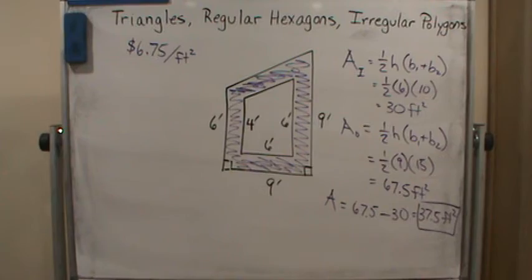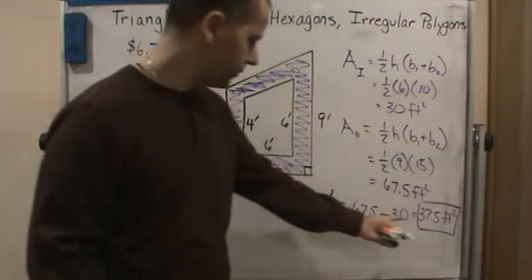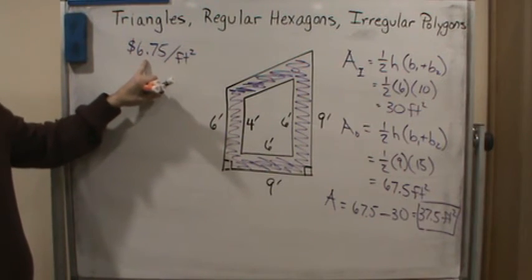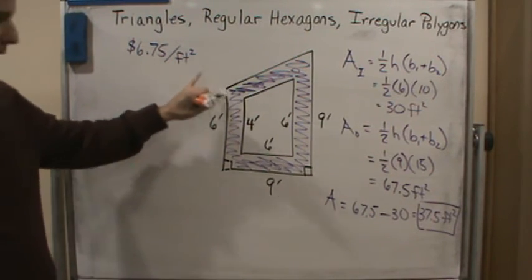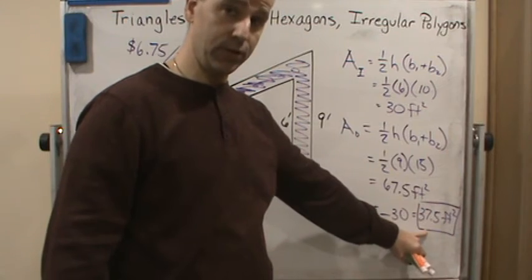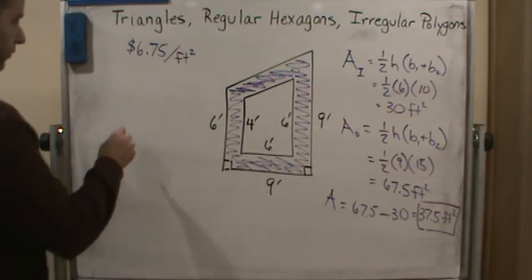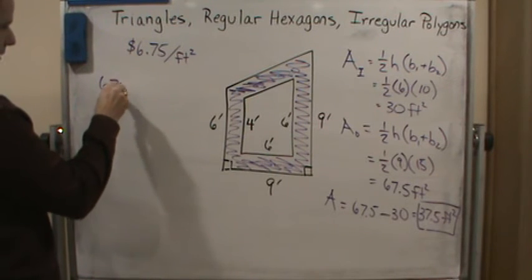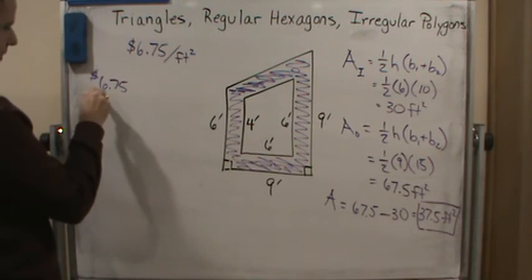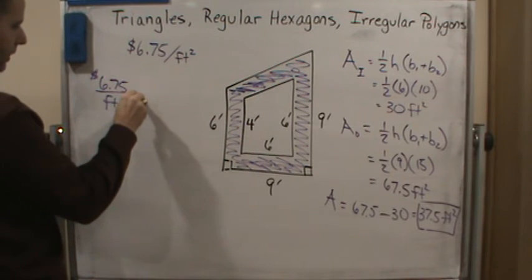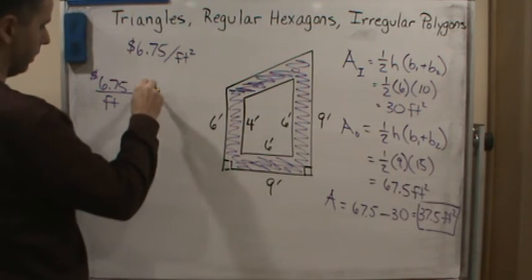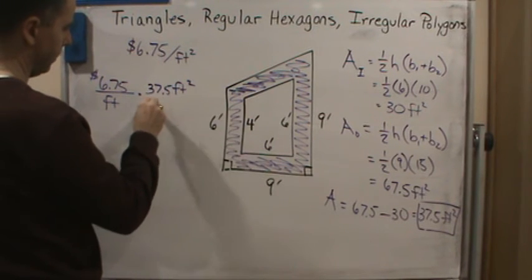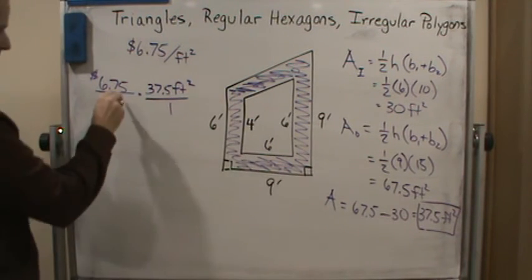Now the cost. Well, we have that much area. We're being charged this amount of money per square foot. This is the amount of square footage we're going to multiply. So we do $6.75 per square foot times 37.5 square feet over 1. Now look at this.